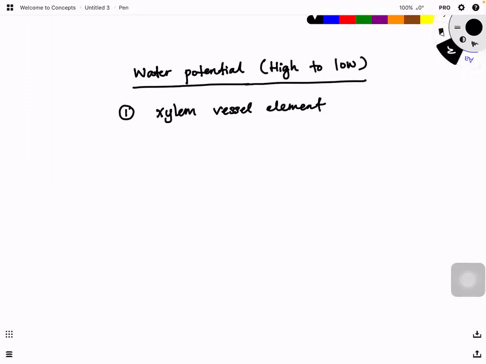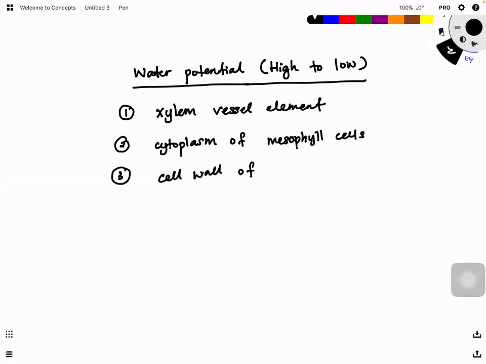Okay, xylem vessel elements, followed by what? Followed by the cytoplasm of mesophyll cell. And then the cell wall of mesophyll cells. And then the substomatal cavity.